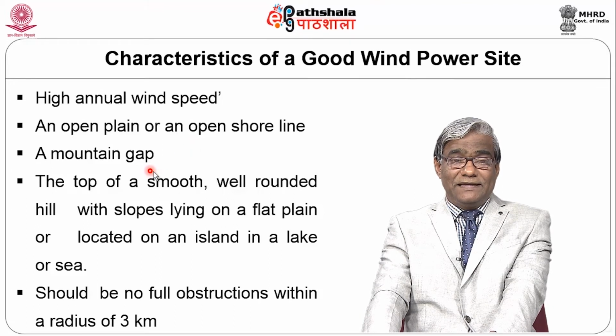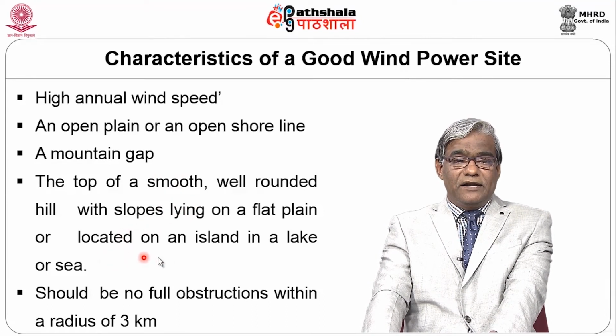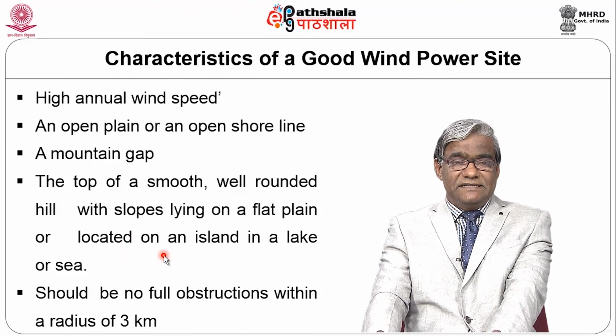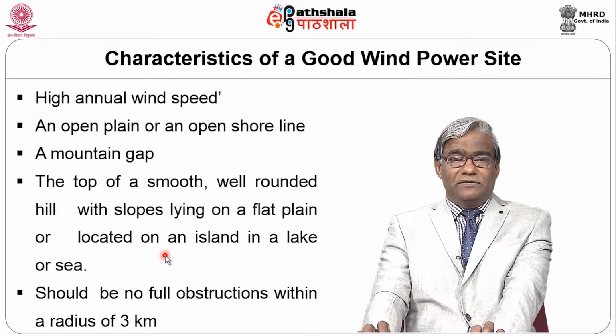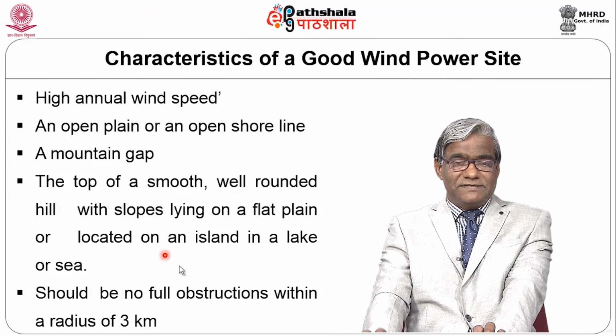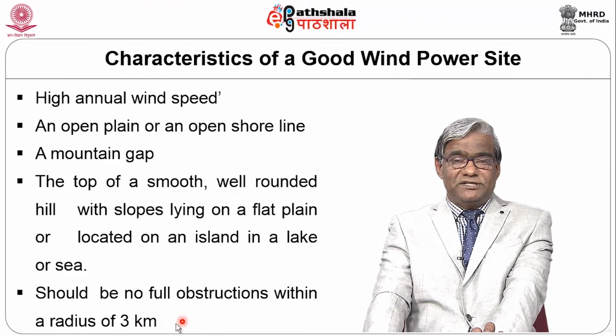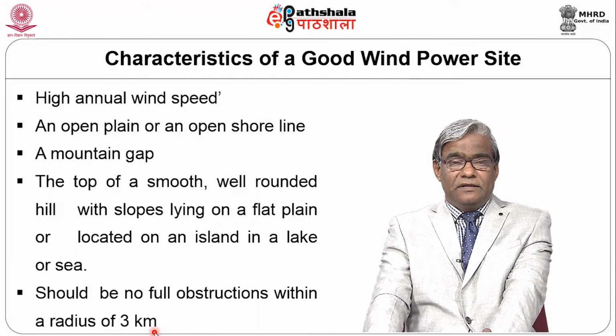And the mountain gap, the valleys, and the top of a smooth, well rounded hill with slopes lying on a flat plain or located on an island in a lake or sea. On the lake side and the sea side and island side or mountain gap, plain area or shoreline, these are all wonderful characteristics of a good wind power site. And there should be no obstructions within a radius of 3 km, and around the wind farm there should not be any obstructions.